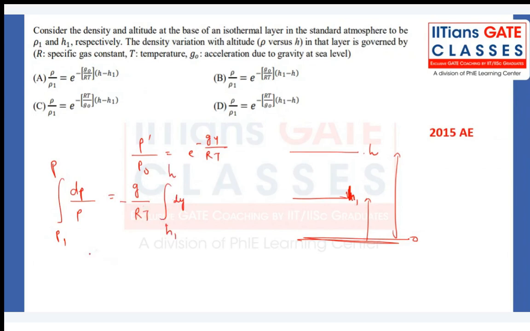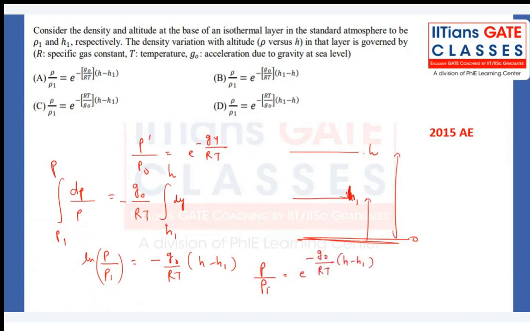So ln of p divided by p1 equals minus g by RT, h minus h1. Z naught they have mentioned in the problem, so let me take z naught only. So further, my dear friend, p by p1 equals exponential of minus z naught divided by RT.